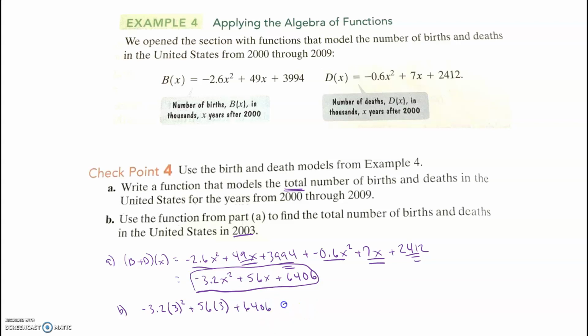We're just using what we created. And we're going to get 6,545.2. And this is number of births in thousands. So that's 1,000. Right? Births and deaths.